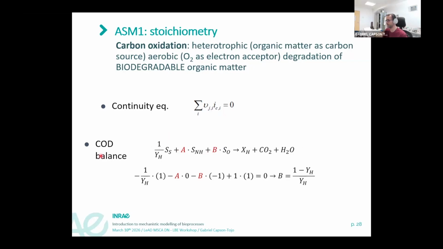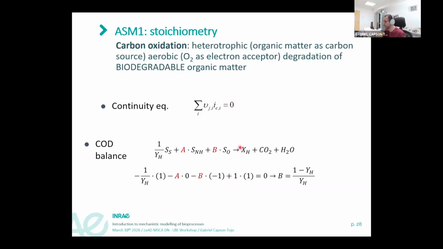If we do a COD balance over this reaction here, it's exactly what we get. We know that in this case, we got 1 divided by Y. In this case, the COD of ammonia is 0, so we can ignore it. Again, oxygen has negative COD, so we know that 1 gram of oxygen has -1 COD content.